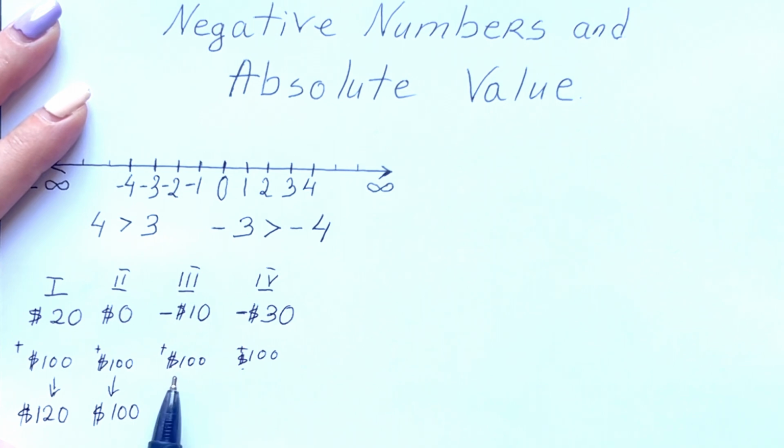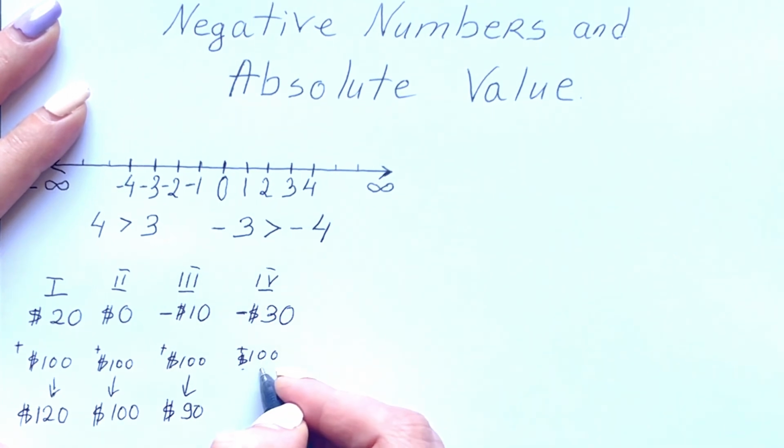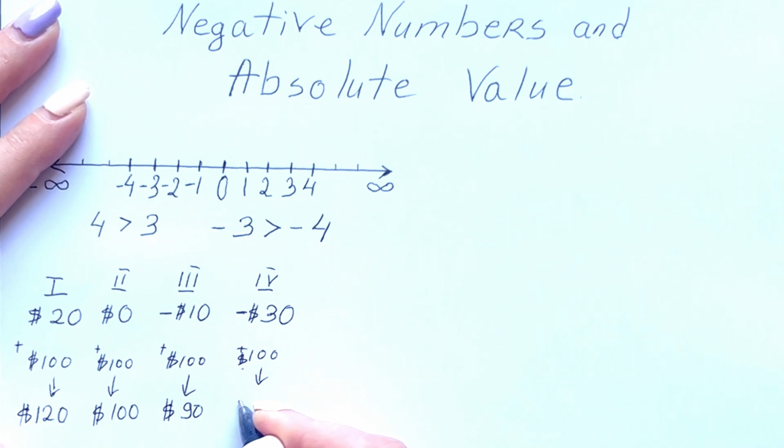Right away, he gave back the $10 that he took from his mom. Now he has $90. And the fourth friend, when I gave him $100, he right away gives $30 to his dad. Now he has only $70.